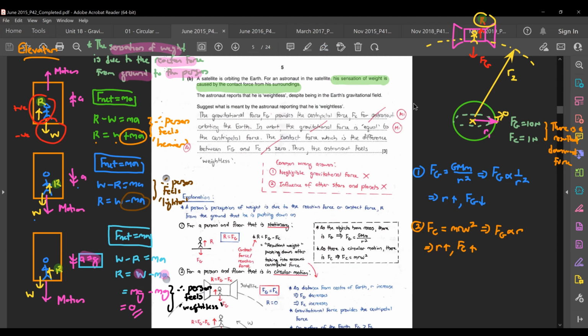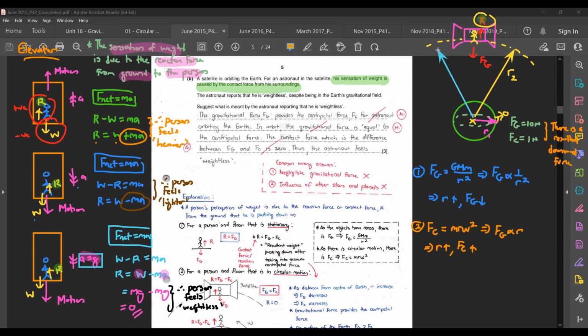But what happens when you go further up? If you're going further away from the center, let's say you go from here all the way to here, what you could say is that your radius is increasing. So what this causes is that your gravitational force will start to drop, but your centripetal force will start to increase because of these two relations that you have deduced right over here.